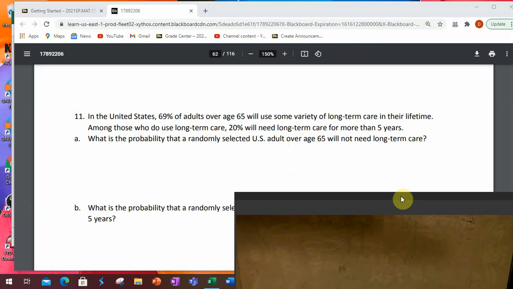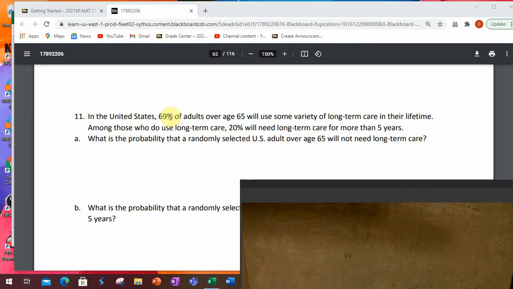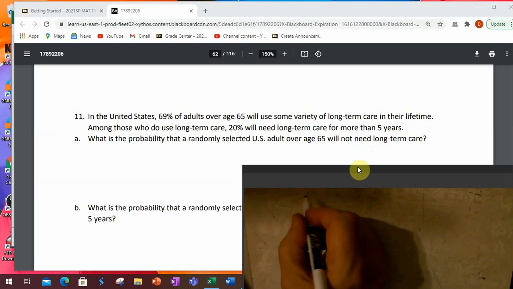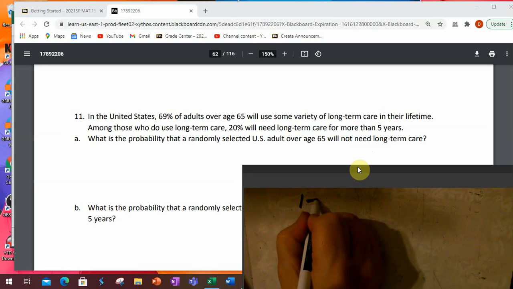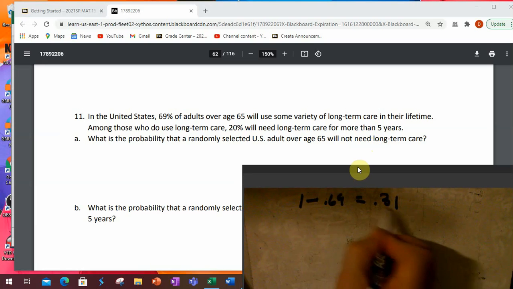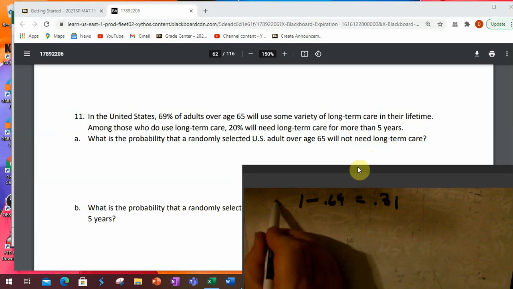It's giving you this data, 69% will use some variety of long-term care, then what is the probability will not need long-term care? So that's just the 100%, or the probability would be 0.69 that they did, and then that would be 0.31. That's what A is asking.